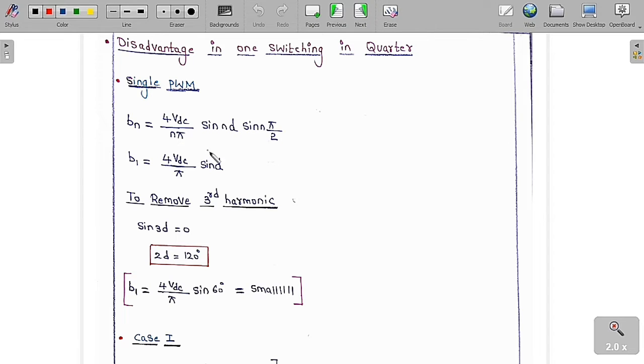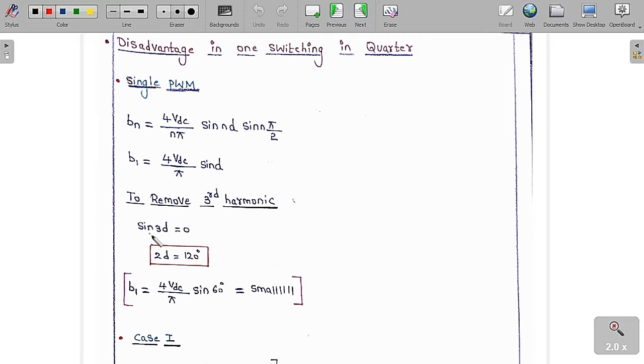If you substitute n is equal to 1, we are going to get 4 VDC by pi into sin d. This is the expression that you are going to get. Now, if you want to remove the third harmonic, what you have to do? sin 3d is equal to 0, because sin nd is equal to 0.